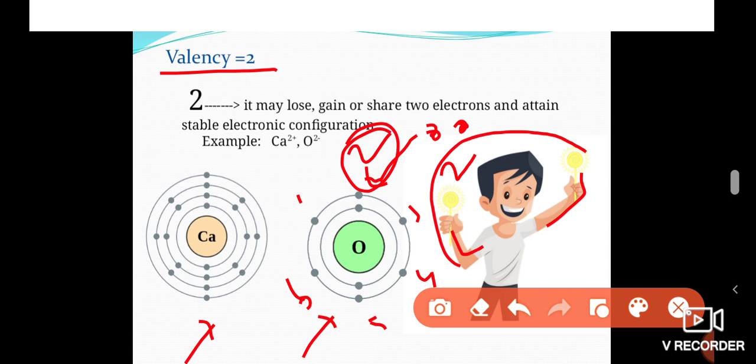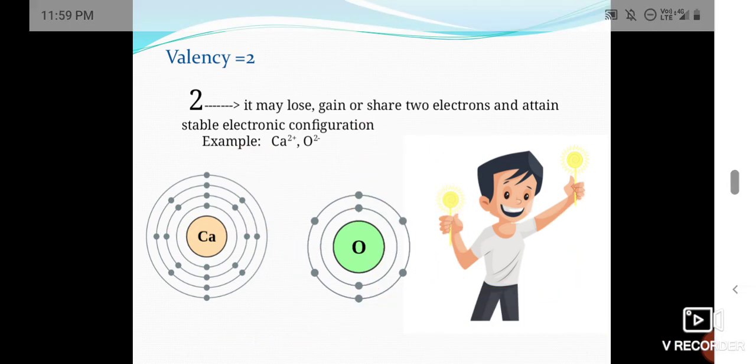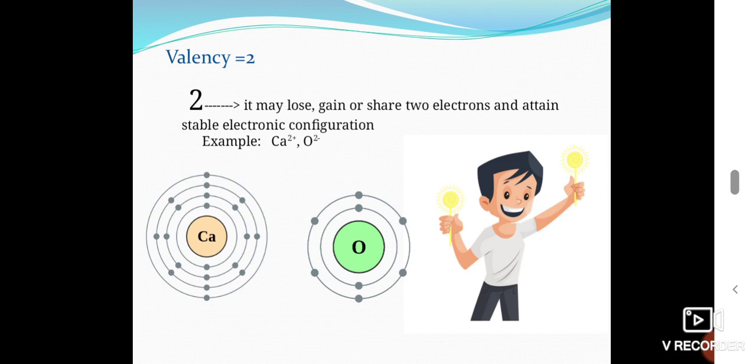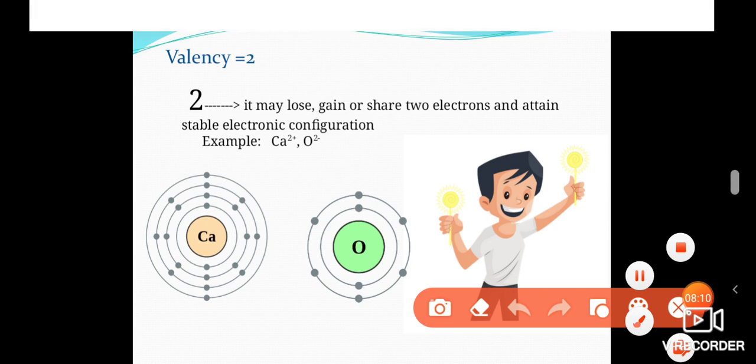Like that, calcium, its combining capacity is also 2. So in this way it attains a stable electronic configuration. Next, in calcium, the outermost shell, that means the valence shell, contains 2 electrons.